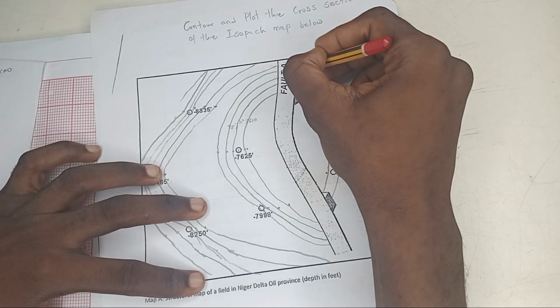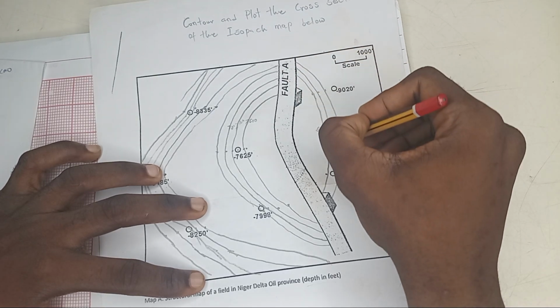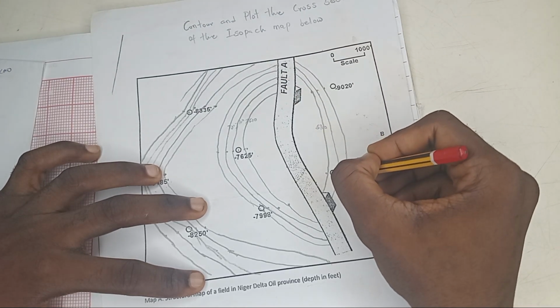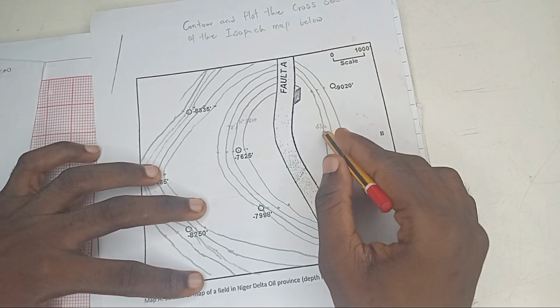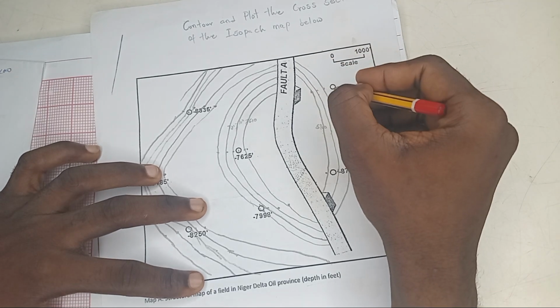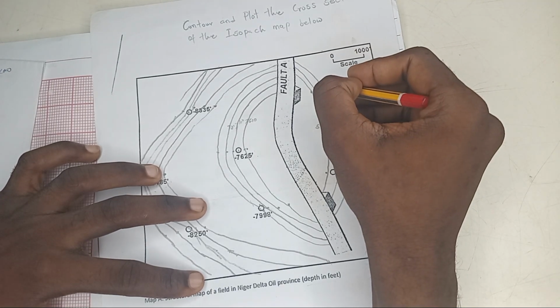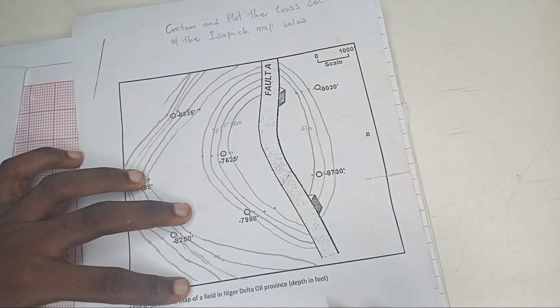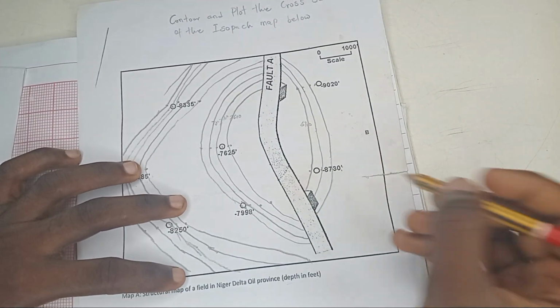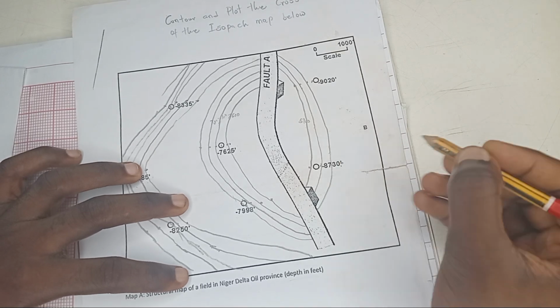Okay, that's 8,000. This 8,900. 9,000 is very, very close to 9,020, right? Very close. So you can see I put this very close. That's my reference. And here too, 9,000.